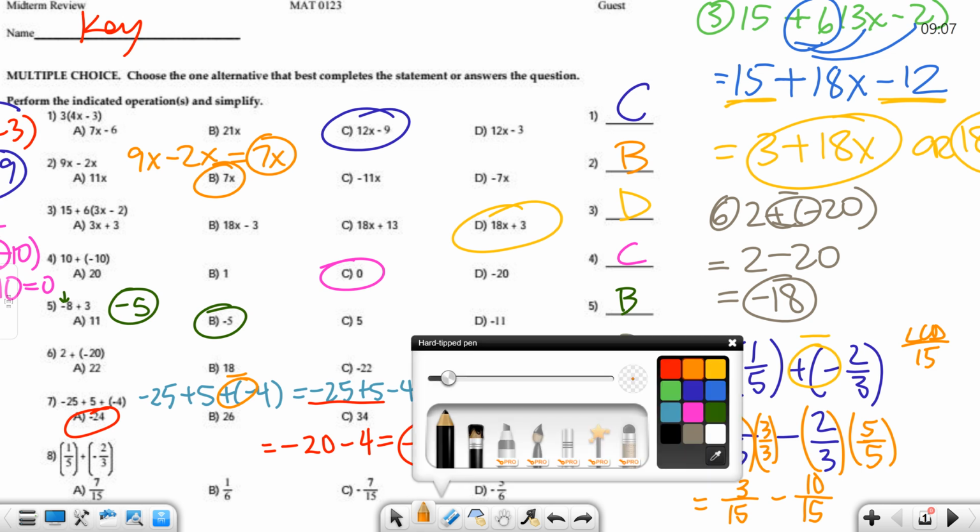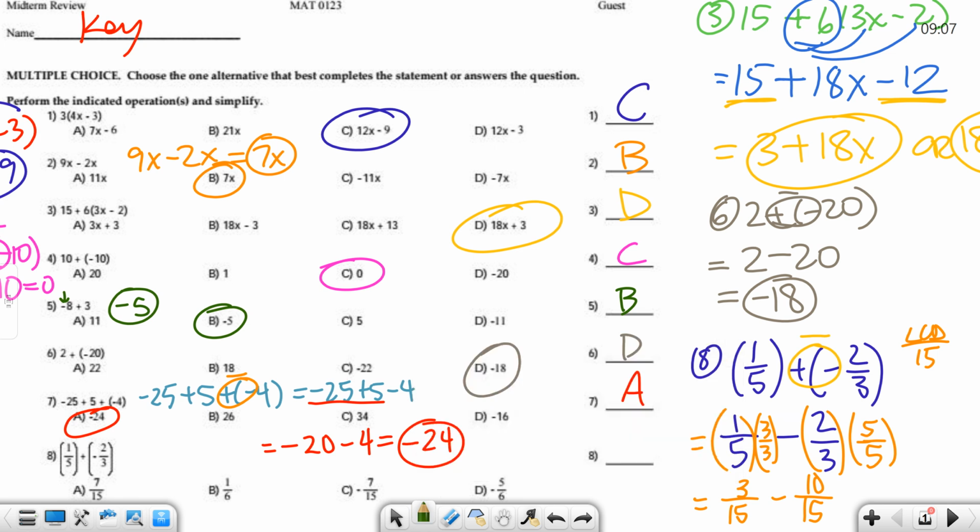So that means my answer is going to have 15 in it. I'm going to come up here just because I don't have room. Equals something over 15. Well, it's going to be 3 minus 10. What is 3 minus 10? Negative 7. So there's your answer, negative 7 over 15.